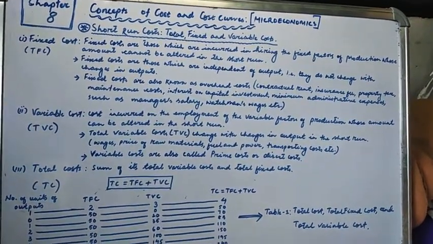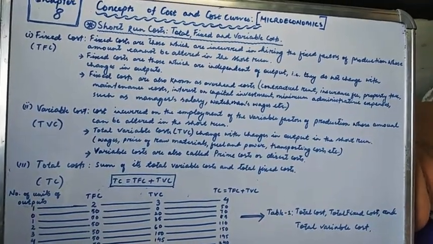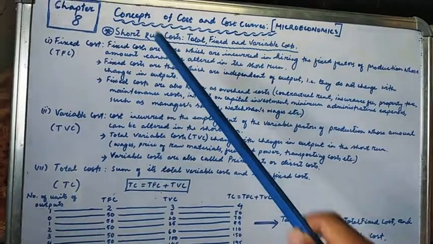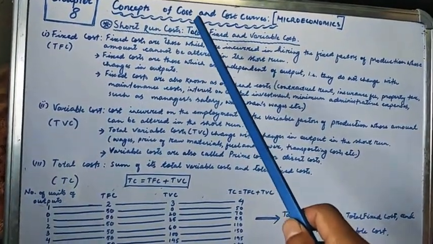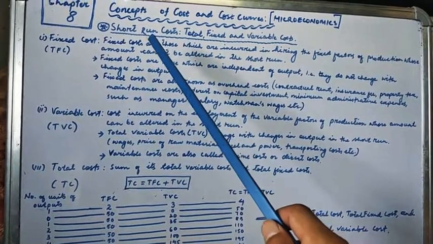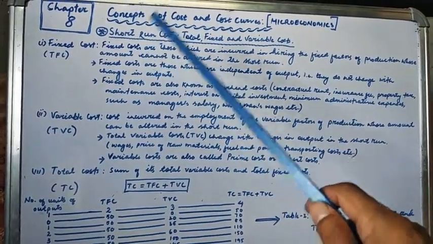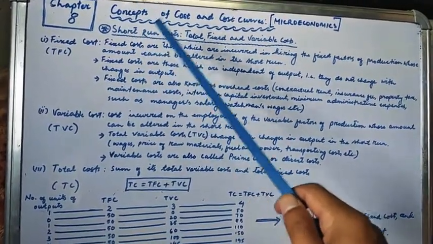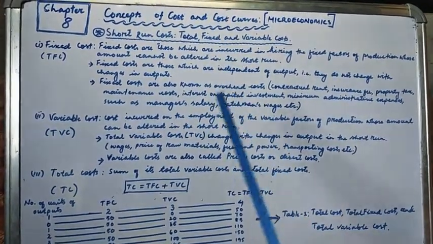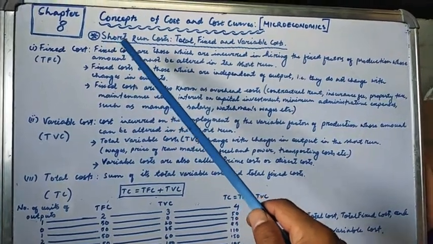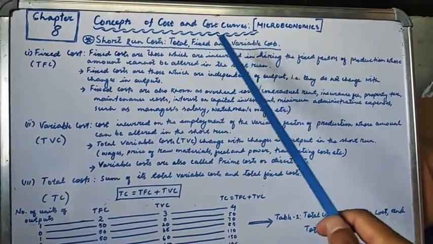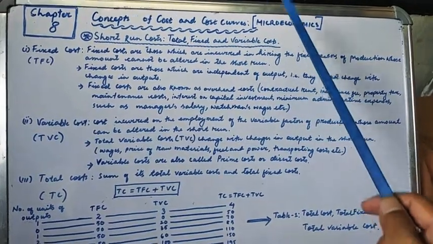So in continuation of the concept of cost and cost curves, today we shall discuss short-run costs. There are two types of costs when we consider the time period: short-run cost, and after this we shall discuss long-run cost.